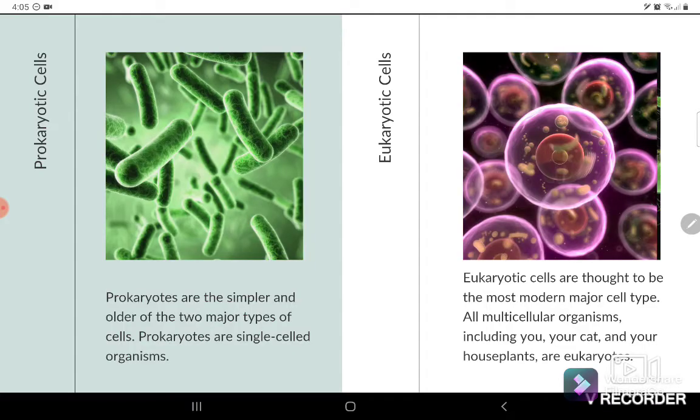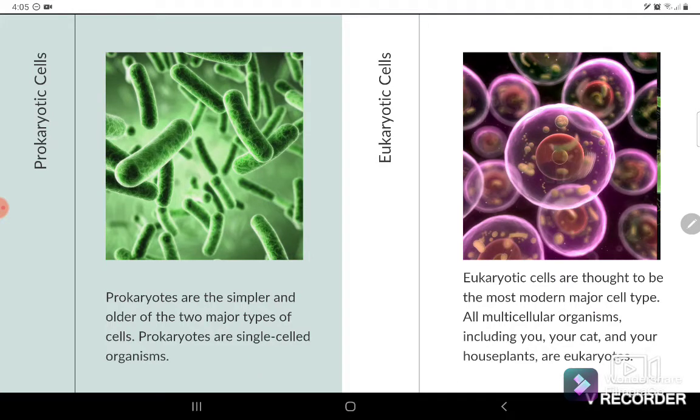So prokaryotic cells are mostly single-celled or unicellular organisms, and they do not have a true nucleus in which their genetic material is enclosed or encapsulated. Now, for the eukaryotic cells, they have a true nucleus.